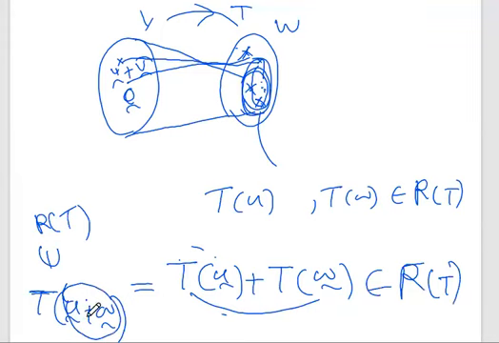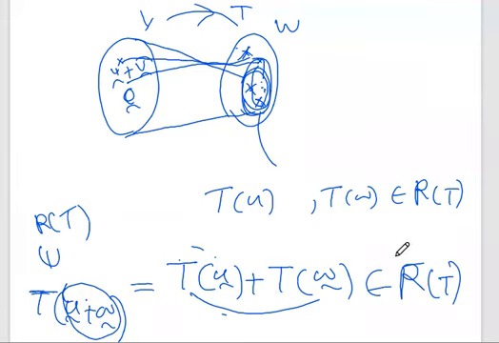This is an element in the domain. Take the transformation of this element, and this guy is in the range of T. Because these two things are equal, the sum of these two elements is in the range of T.